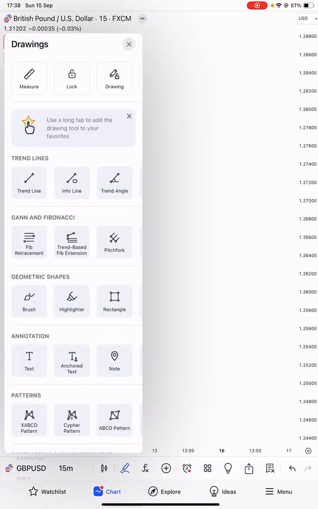So, for this model, you need to, first of all, develop a weekly bias, a weekly expectation. Once you have developed that, you stick to it and you wait for the high or low of the week to form.